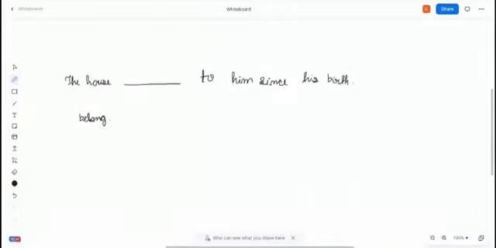The house, fill the blank, to him, since his birth, verb is belong.